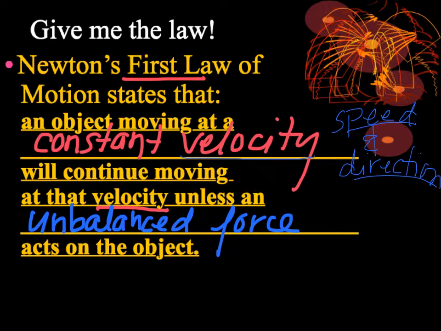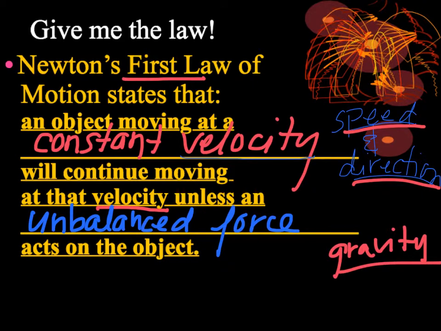And this is the fancy, scientific way of saying this, but really you've heard this before. An object in motion stays in motion, and we know that if we have an object moving, it will keep moving at that same speed and direction until an unbalanced force acts on it. Now, most objects here on Earth, the unbalanced force that changes the velocity of something is most likely going to be gravity, right?